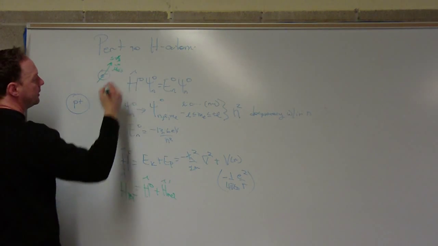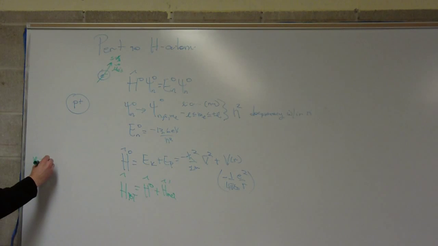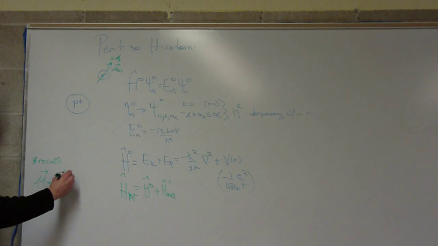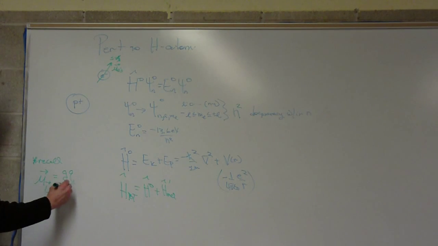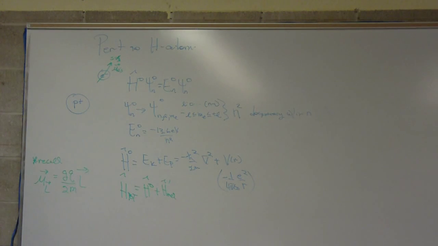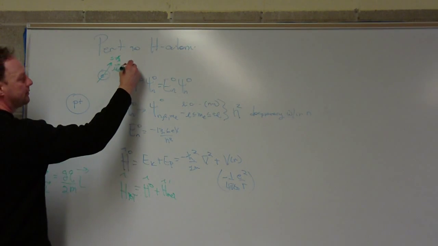Now, recall I did this derivation in class. Recall, mu for any angular momentum L is equal to g times q over 2m times the L vector. So what does mu electron spin equal?